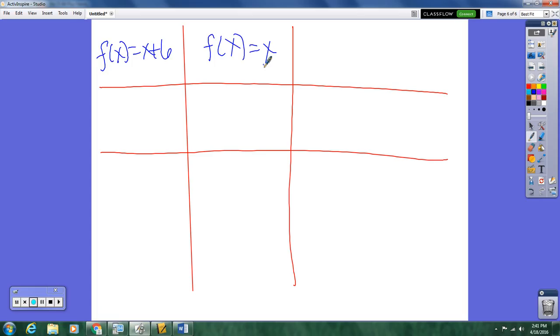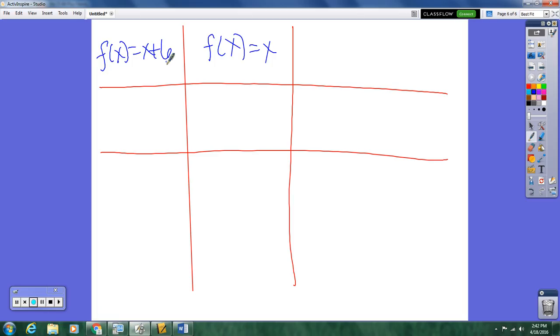Then the last column says, all right, what was the transformation? Go back to number 1, and what did we say there? Look at the paper, what did we say?